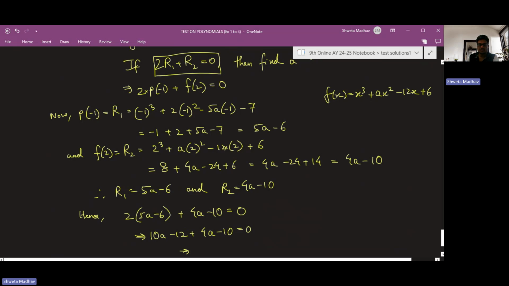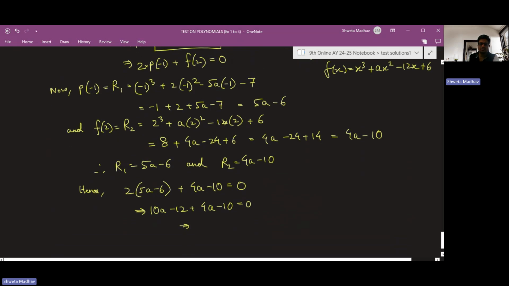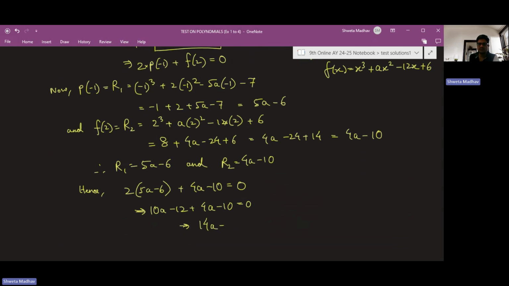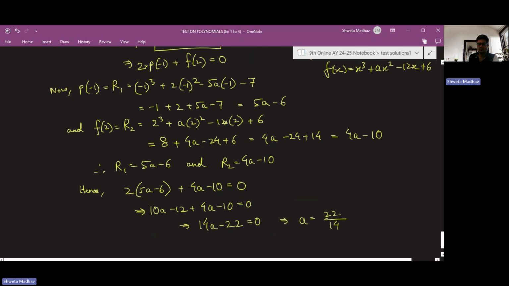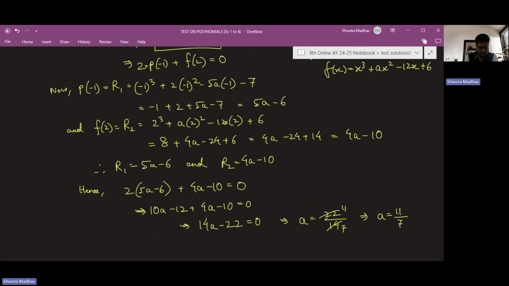So therefore I can say 10a plus 4a is 14a. 14a minus 22 should be equal to 0. So therefore a should be equal to 22 divided by 14. 2 7s are 14, 2 11s are 22. So a should be equal to 11 by 7. So the required value of a is 11 by 7. So 11 by 7 is the answer.